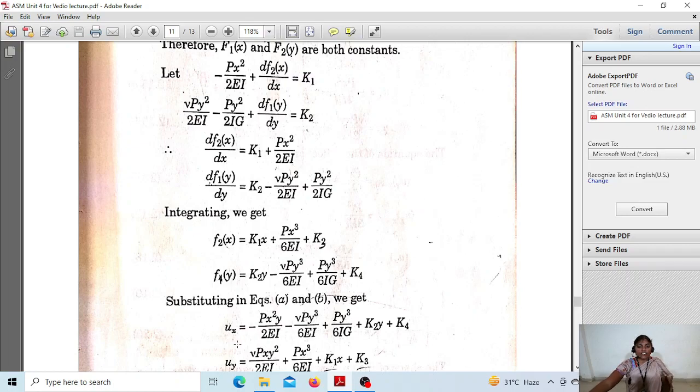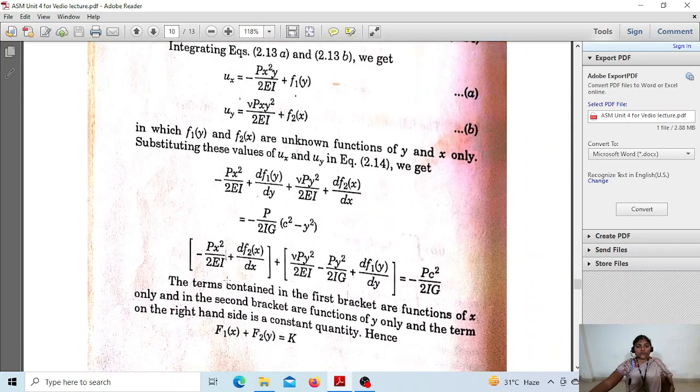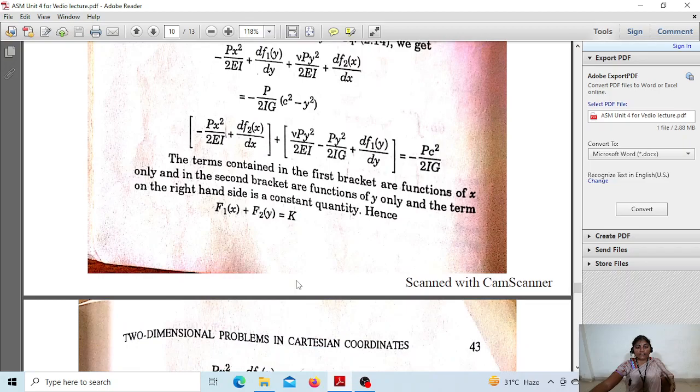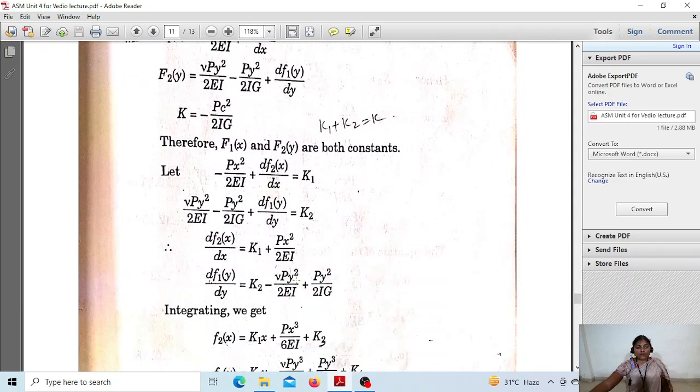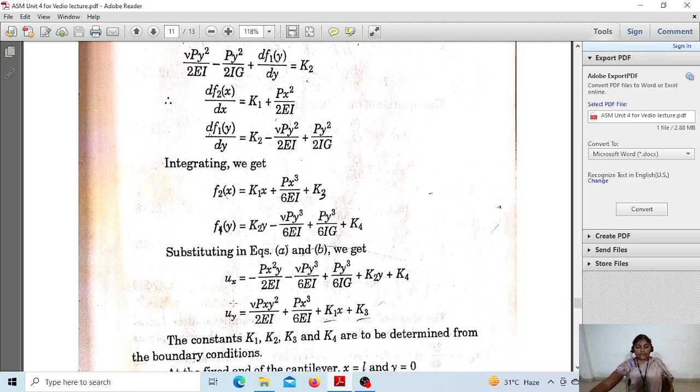Now let us substitute in the ux equation. Where is our ux equation? You go here, ux is equal to minus px square y by 2EI plus f1 of y, that you will substitute. You will get ux is equal to minus px square y by 2EI minus nu py cube by 6EI plus py cube by 6Iz plus k2 y plus k4.